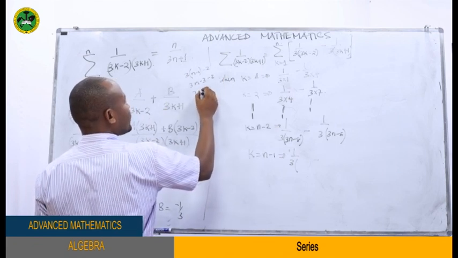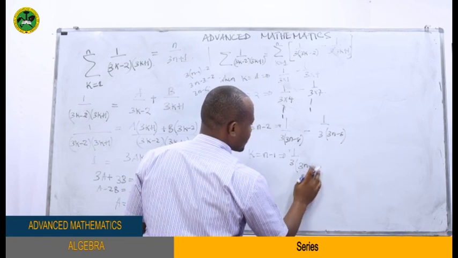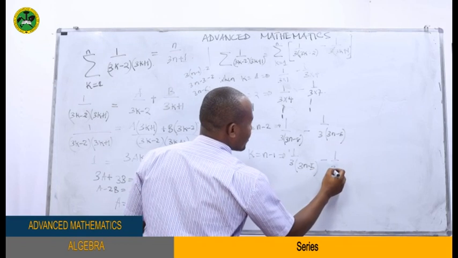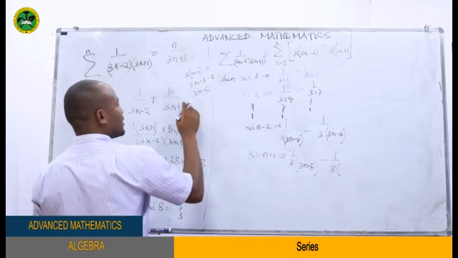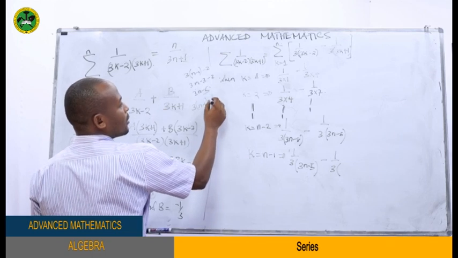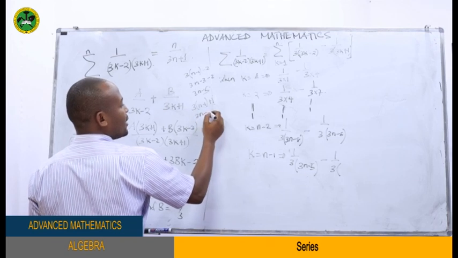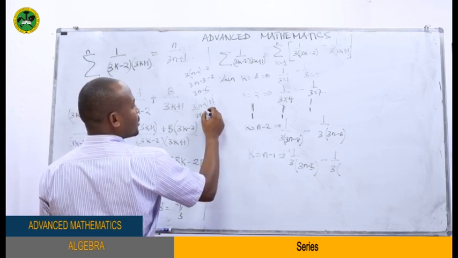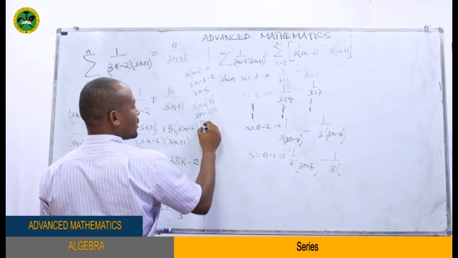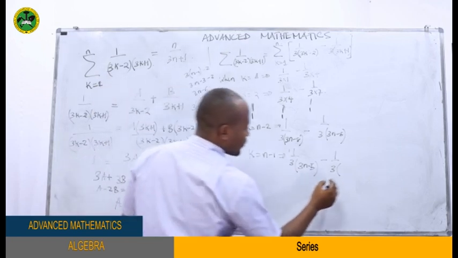That means 3n minus 5. Minus 1 over 3 in brackets. Let's find, it will be 3 times n minus 1, plus 1, then 3n minus 3 plus 1, 3n minus 2.